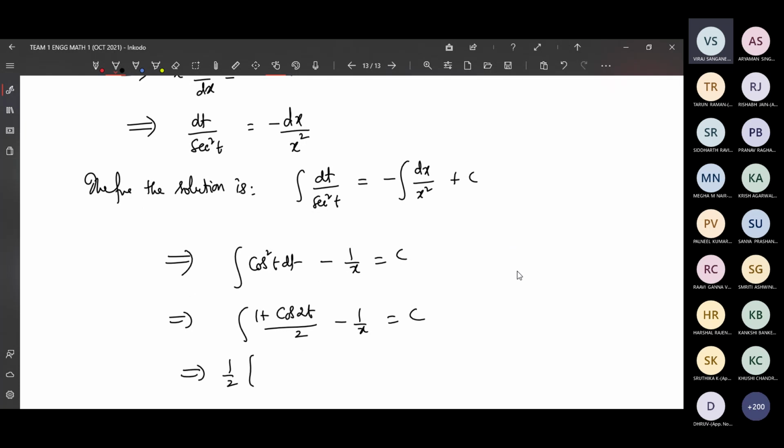That is 1 by 2 of dt, t plus sine 2t by 2, plus c, where t equal to xy.